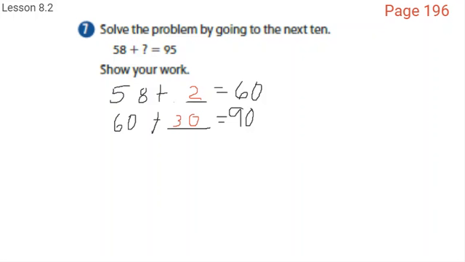Then the next number is going to be, so it's going to be 90 plus a number is equal to 95. That's what we're getting to, 95. So 90 plus something is equal to 95. Well, we can count on 90, 91, 92, 93, 94, 95.